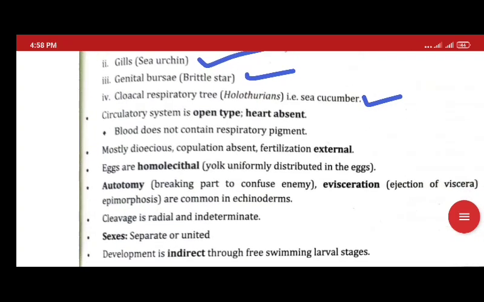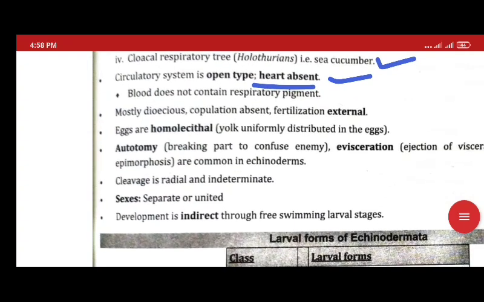The circulatory system is open, and the heart is also retrogressive here. Now eggs are homolecithal. This homolecithal condition is progressive, occurring in mammals and man also, with yolk uniformly distributed. Now they are dioecious, copulation is absent, and fertilization is external.